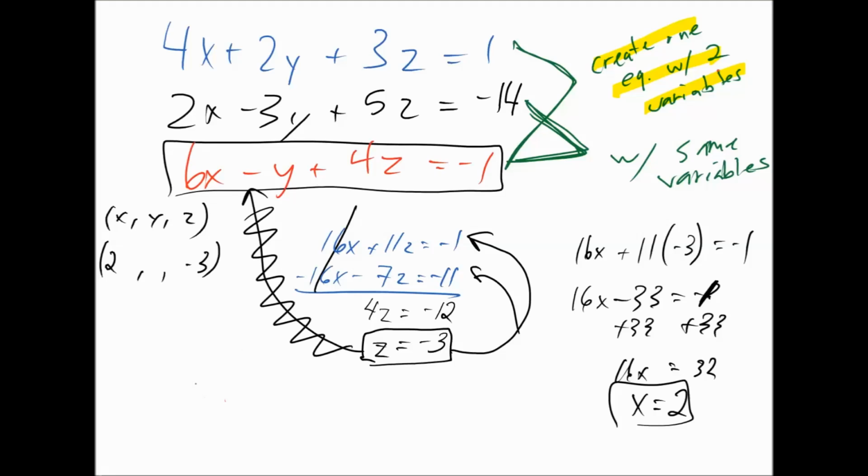So I'm just going to choose this one. So 6 times 2 is 12 minus y plus 4 times negative 3 is minus 12. Minus 12 equals negative 1. So the 12's cancel. We have negative y equals negative 1. Y equals 1. So the answer is 2, 1, negative 3.